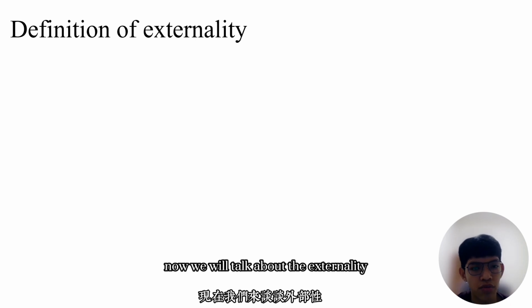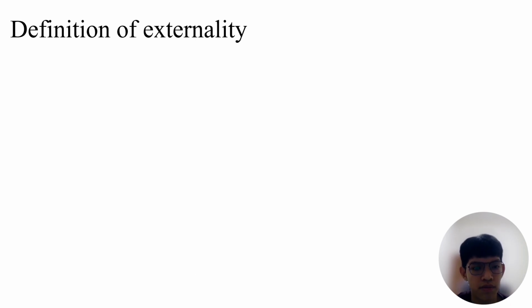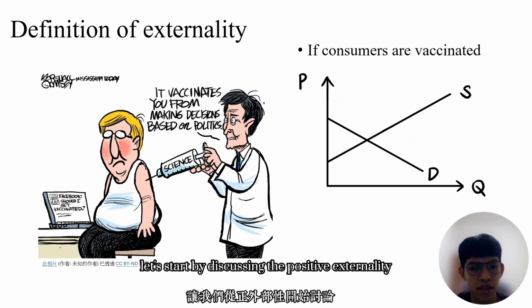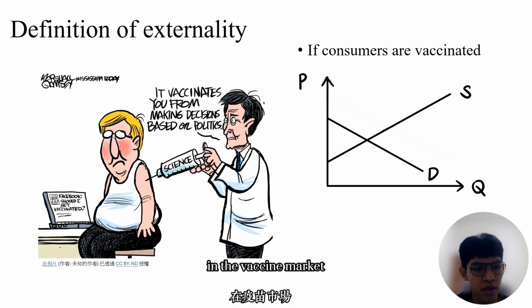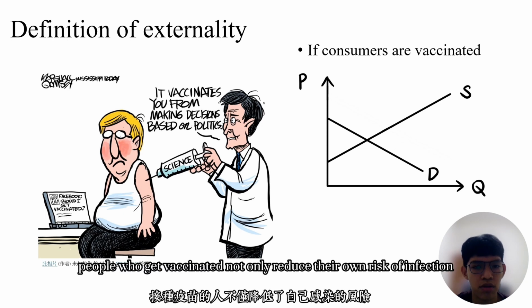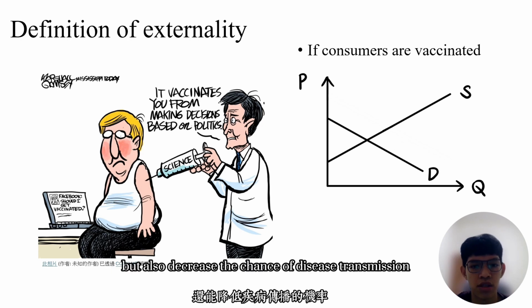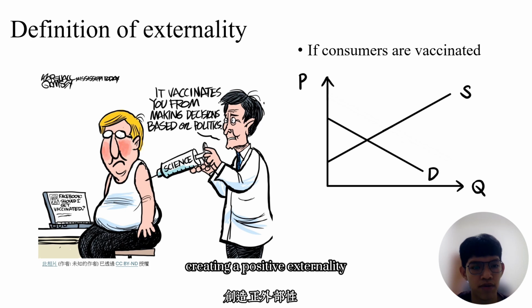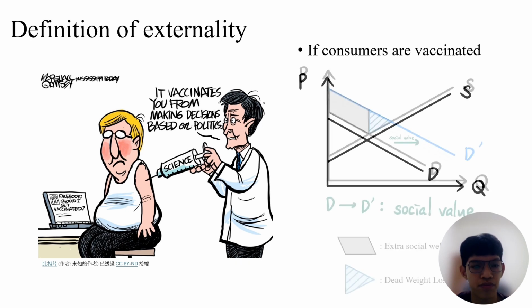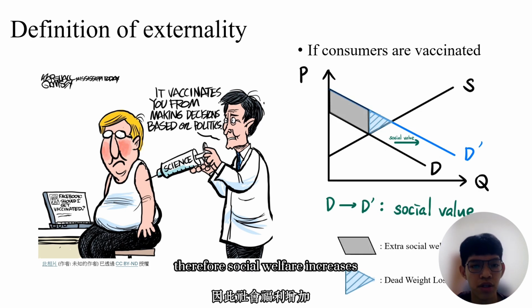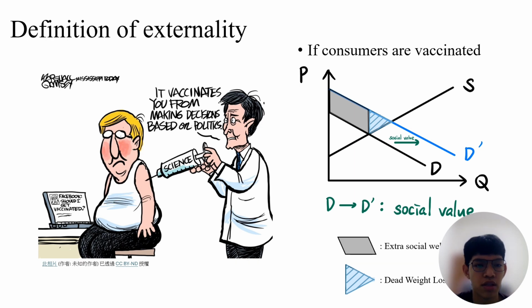Now, we will talk about externalities. Let's start by discussing the positive externality. In a vaccine market, people who get vaccinated not only reduce their own risk of infection, but also decrease the chance of disease transmission, creating a positive externality. Therefore, social welfare increases.